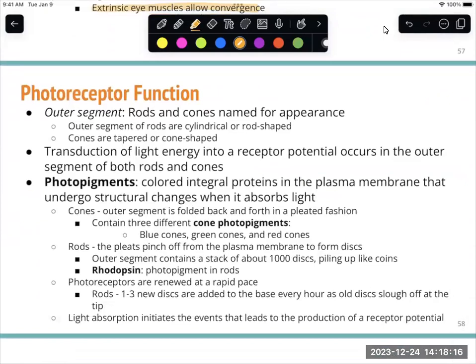So our photoreceptor function. That outer layer of the retina is rods and cones. Rods, dark vision; cones, color. They are going to pick up photopigments.